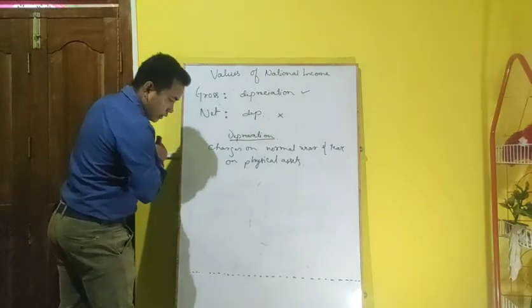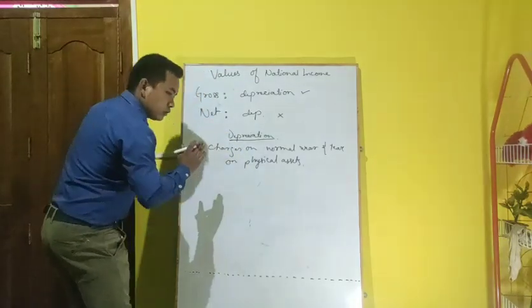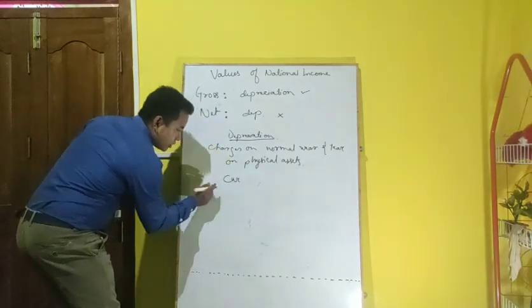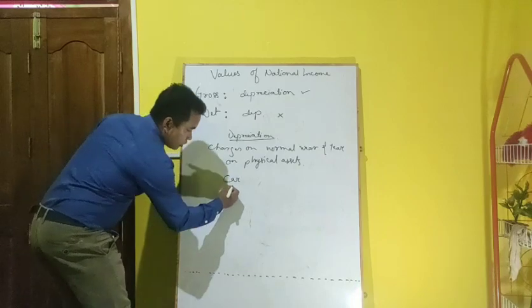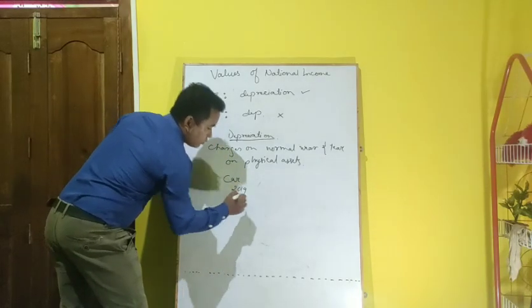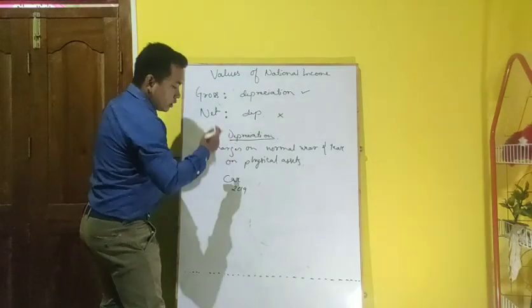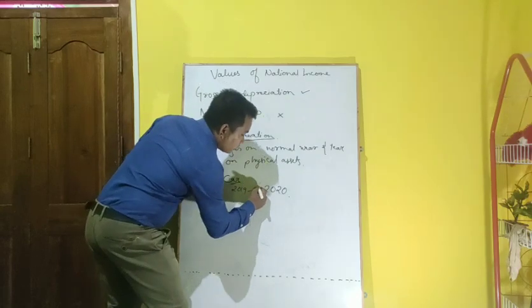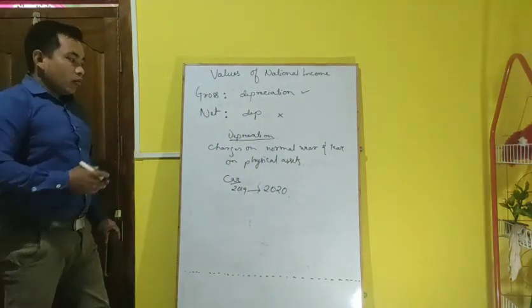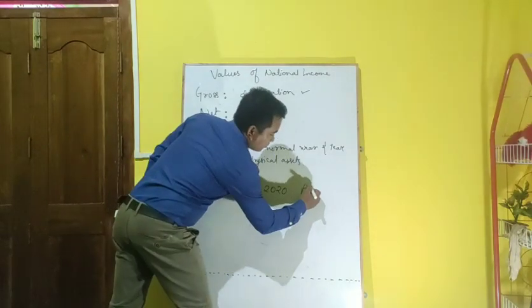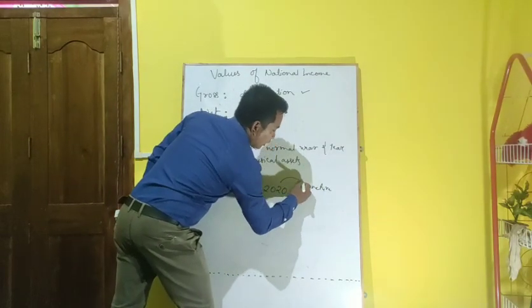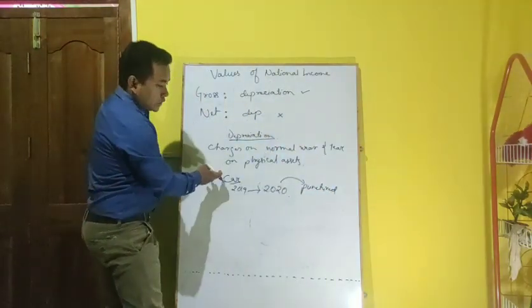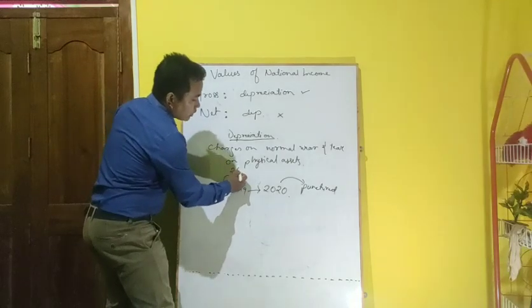Let me simplify. Let's say that you have a car. You buy this car in the year 2019 and keep on using it till 2020. By the end of 2020, let's assume that one of your tires gets punctured.